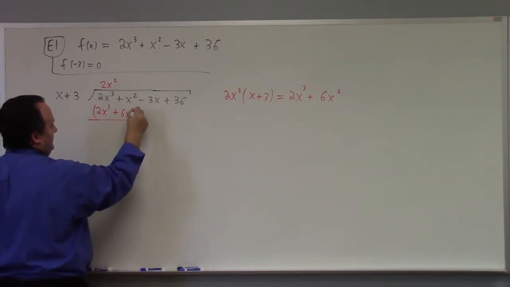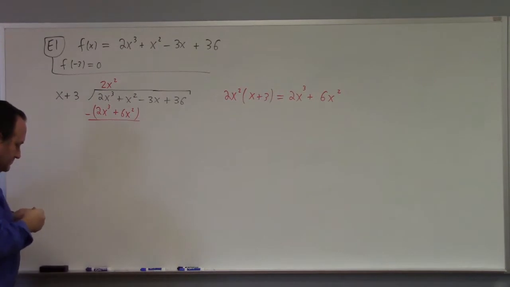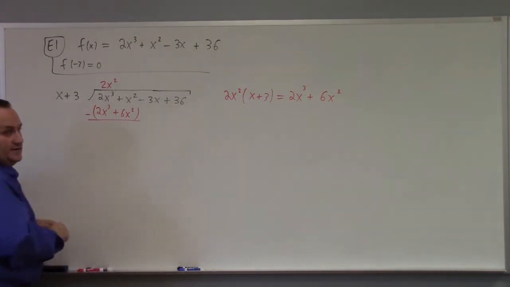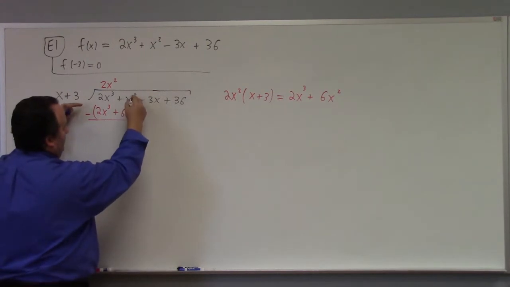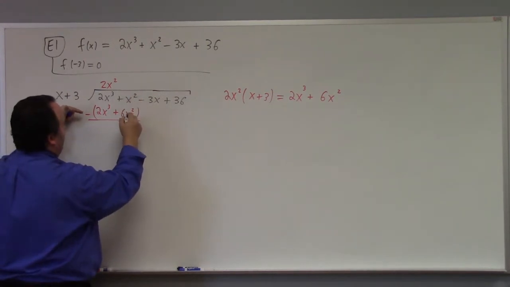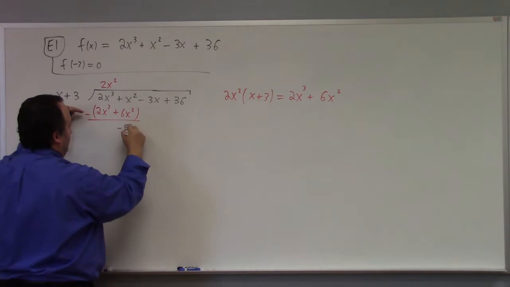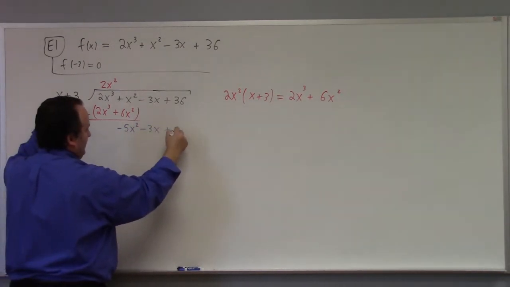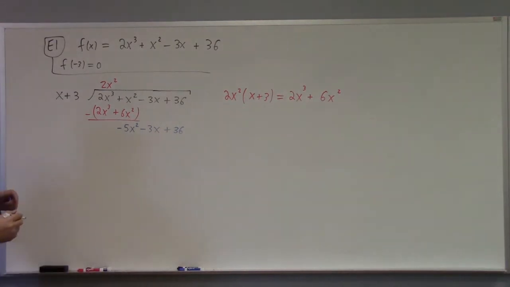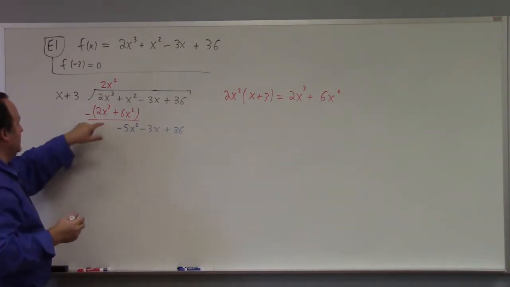Now, you don't have to write that down technically, but I'm showing you that's why I'm putting over here 2x cubed plus 6x squared. And then you subtract those. Of course, the 2x cubes cancel, and we get x squared minus 6x squared, so that's minus 5x squared. Then I bring the other things down, minus 3x plus 36. Now, how do I get a minus 5x squared from this?